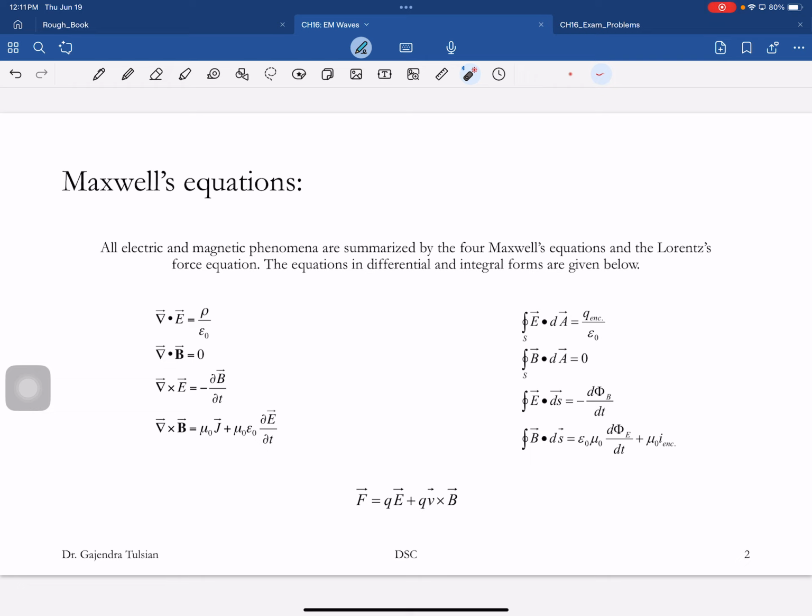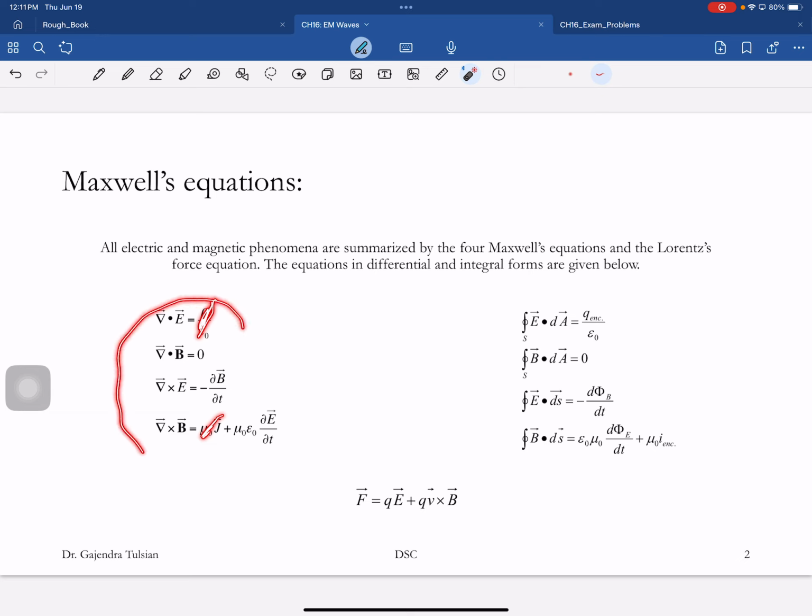Okay. So these are the 4 equations that describe all electromagnetic phenomena. Mr. Maxwell was studying these equations, and he wanted to study what kind of stuff you can see in vacuum. So this is set to 0, this is set to 0.